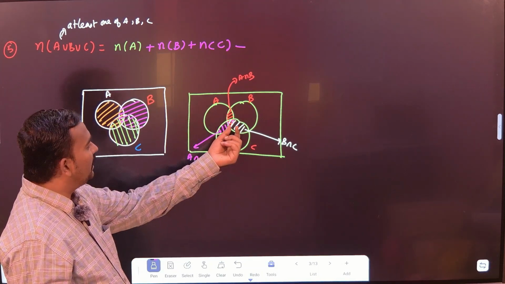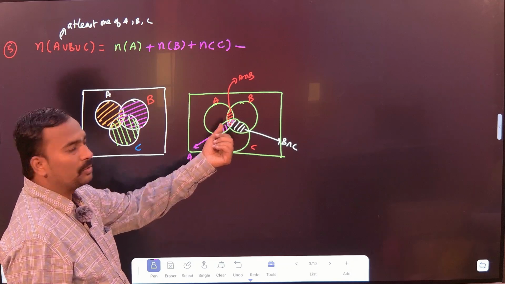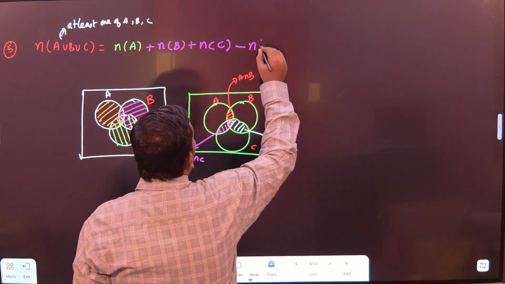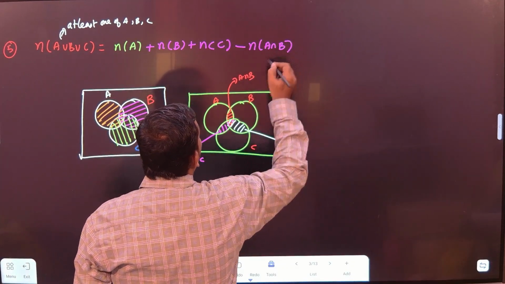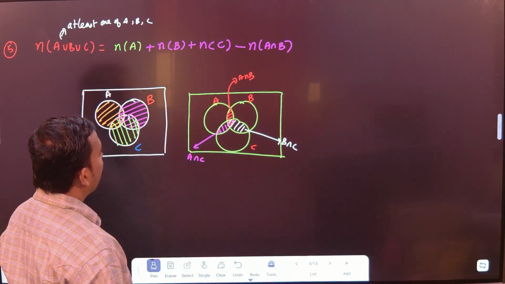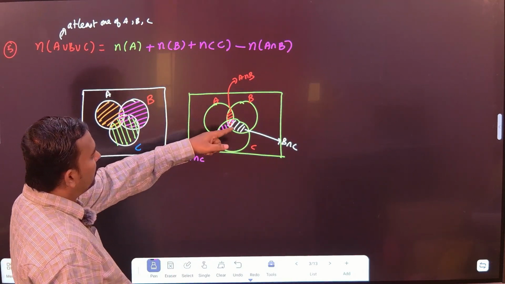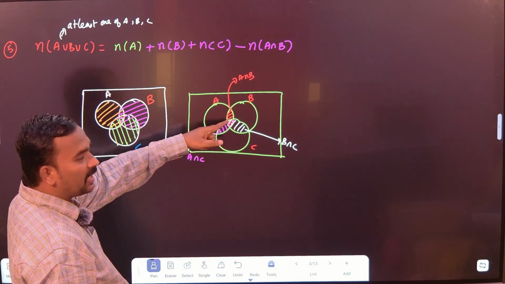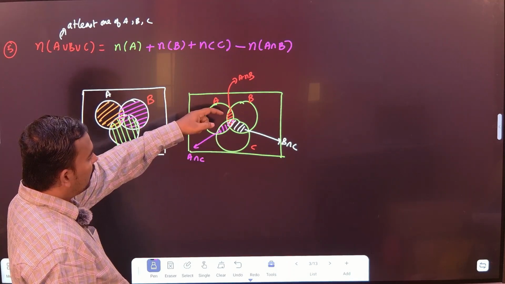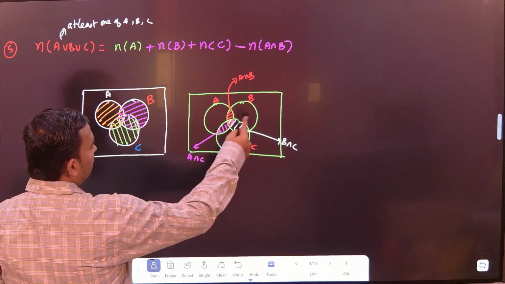But when you take B, again A intersection B is added. So you have to subtract one time n of A intersection B. Okay, fine.